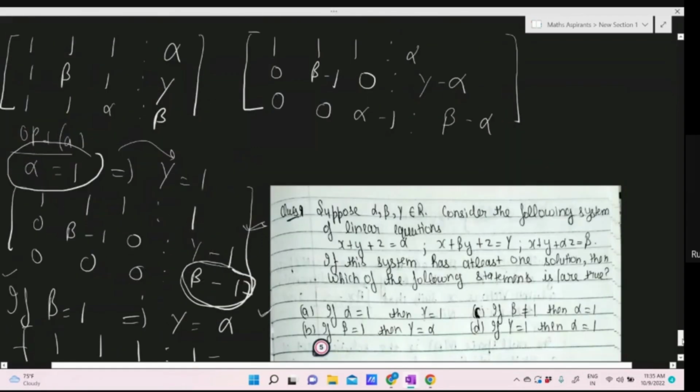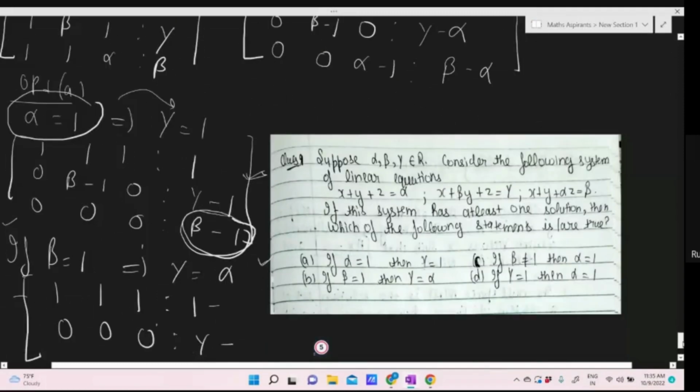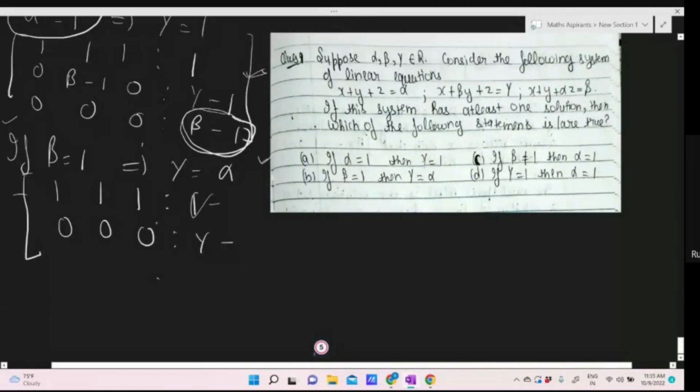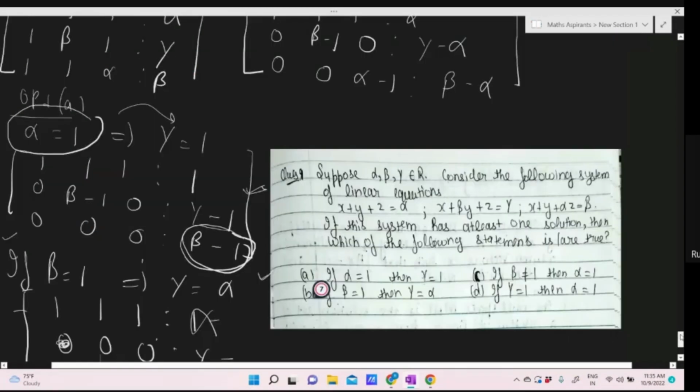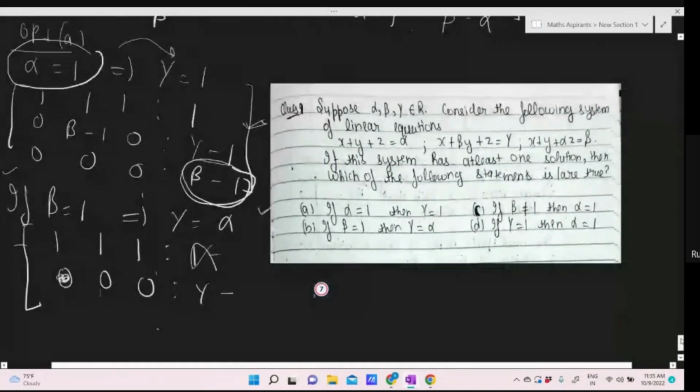The system is this: 1, 1, 1. Given that beta is equal to 1, the system is 1, 1, 1, and here 1, there is alpha. We put beta is equal to 1. Then we will get 0, 0, 0, and gamma minus alpha.